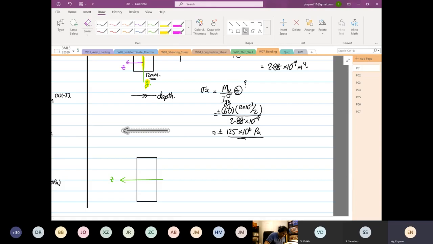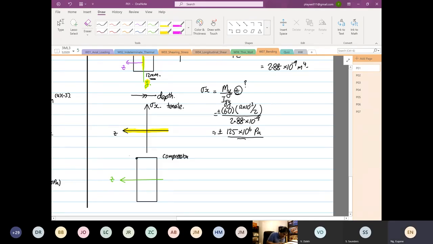Then we have a normal stress. So this is our z. Okay, over here, this is where our material is, right? And what we are calculating is still stresses in the what? X direction. Okay, so up here it's in tensile, still stresses in the X direction. Down here is what? Compression.